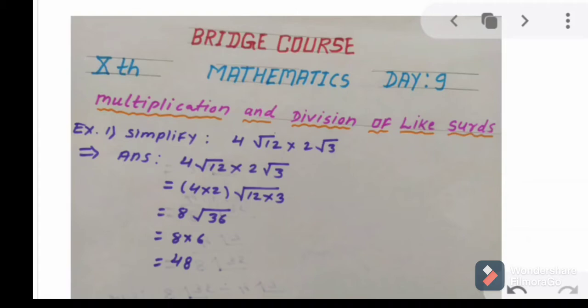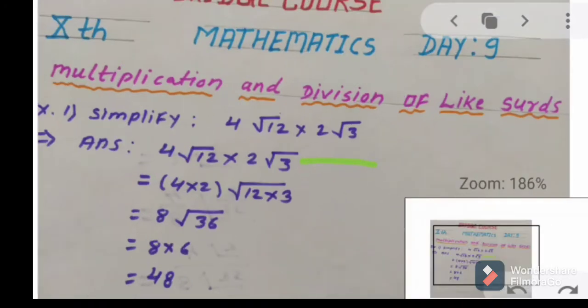Okay friends, so for this, when we see the second chapter of the 9th standard, that is rational and irrational numbers, means that is real numbers. In these real numbers, we studied what are the like surds or similar surds.